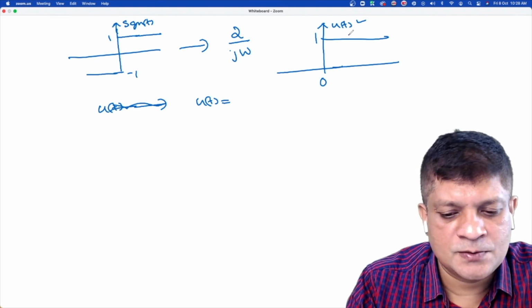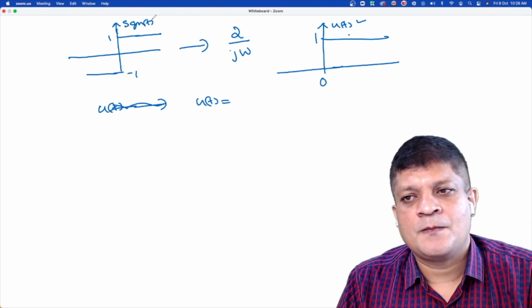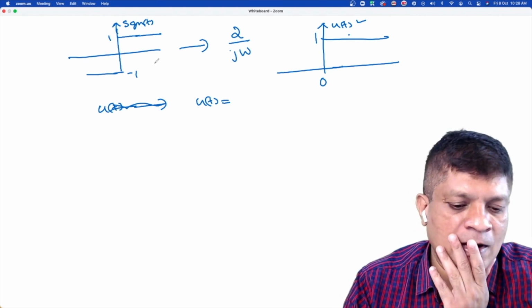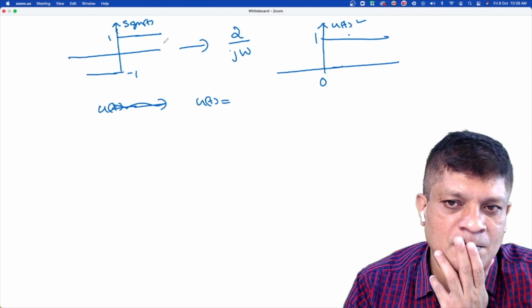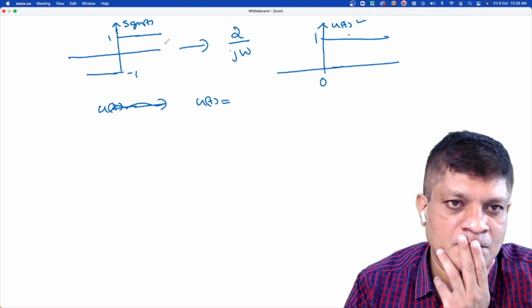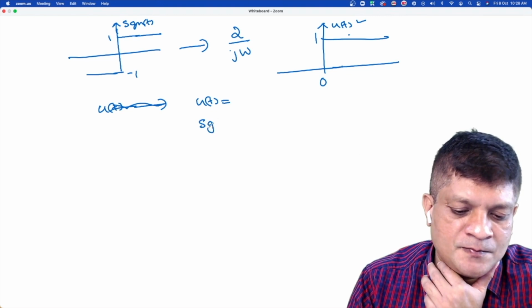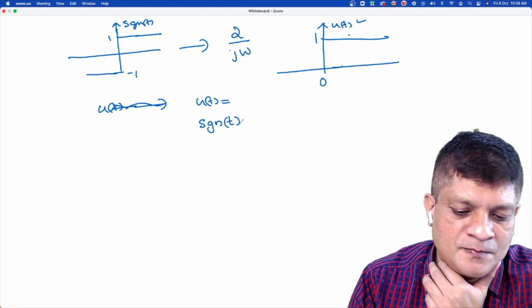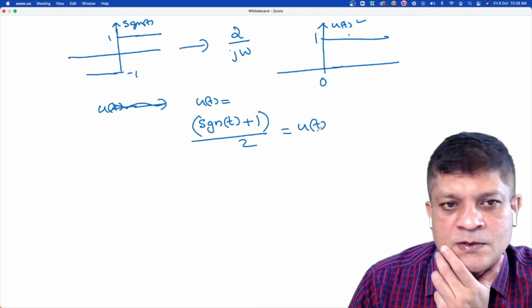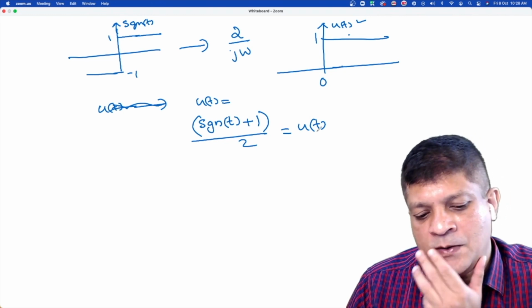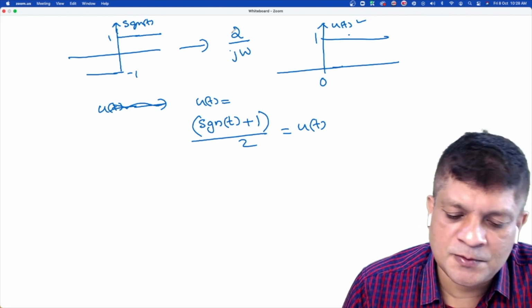How to get the unit step from the signum function? What will happen if we shift this up by 1? Isn't it? Now we know the Fourier transform of this.